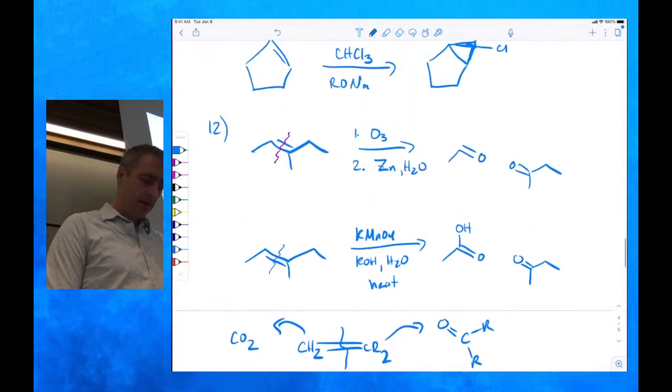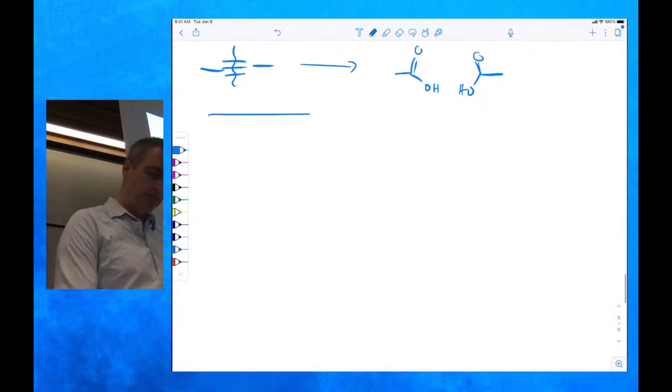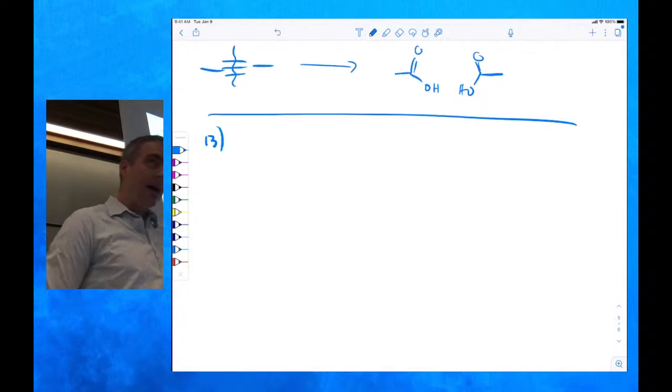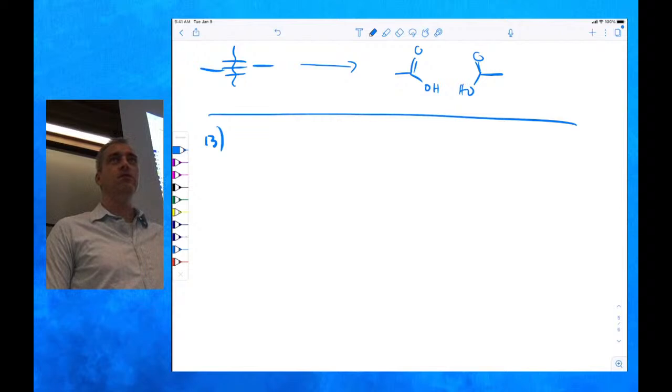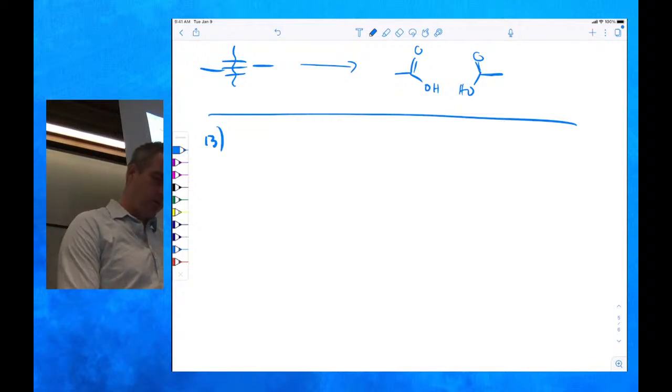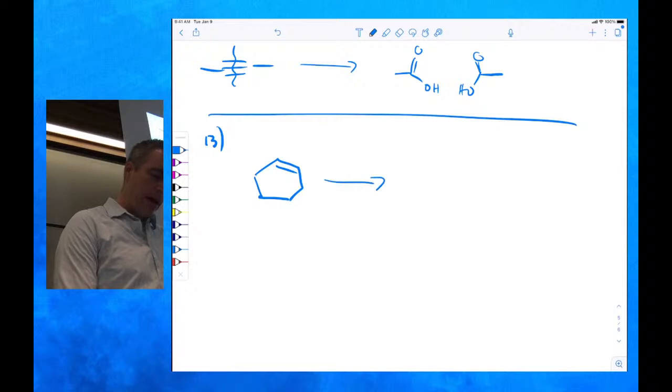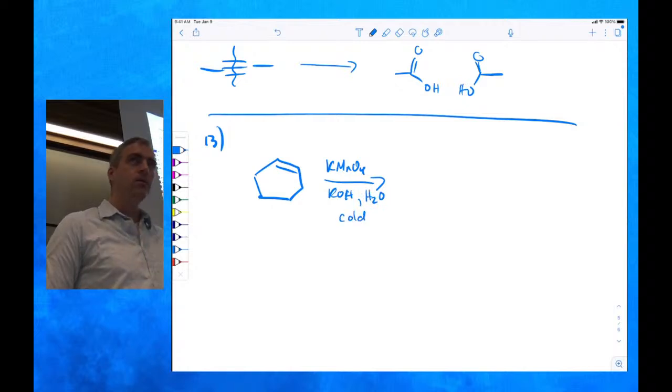Cool. I'm still numbering. I'm on 13. The next one was synthesis of vicinal diols. And we had 2 sets of conditions for this one as well. If you have an alkene, the first set of conditions, I believe, was, again, the KMnO4 with KOH or NaOH, some base, water, but you got to keep this thing cold, right?